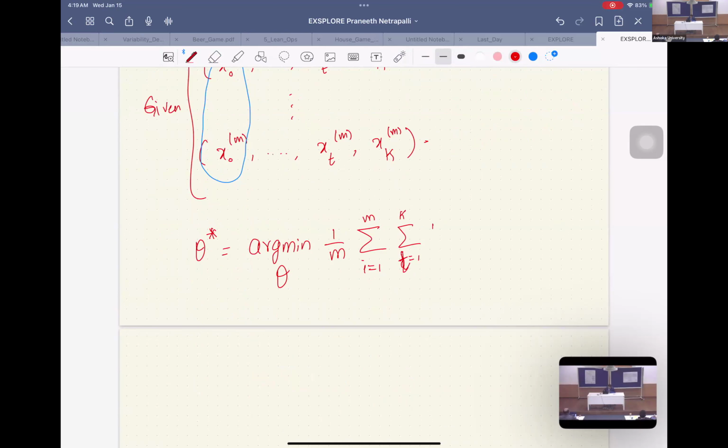What we will do is minimize the norm of h theta of t, xt i minus x0 i, squared.